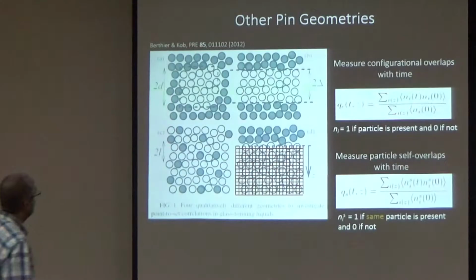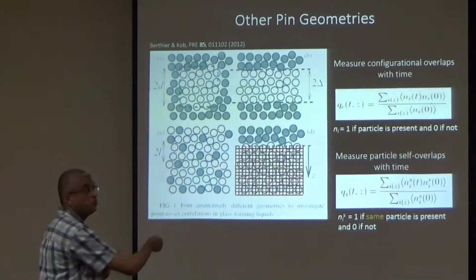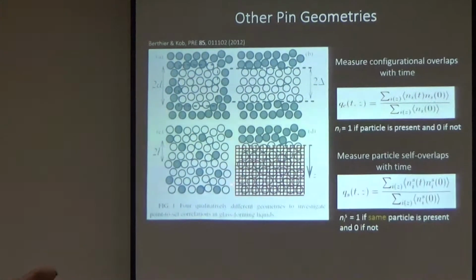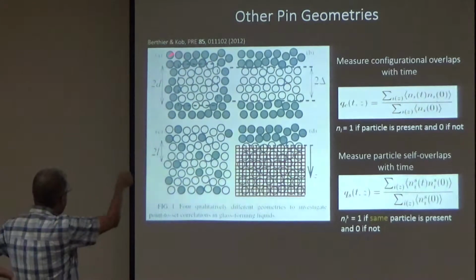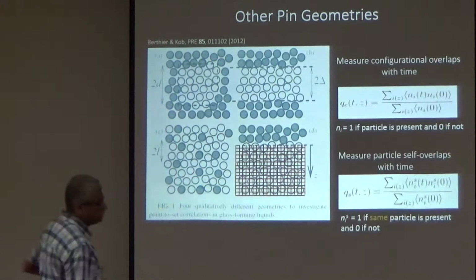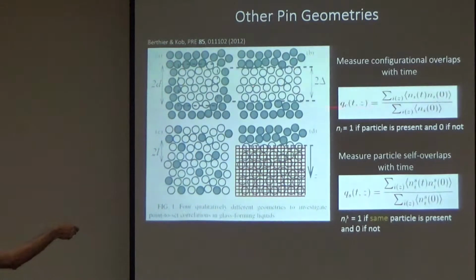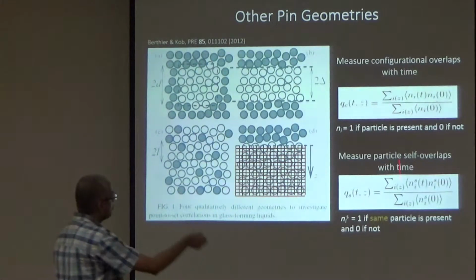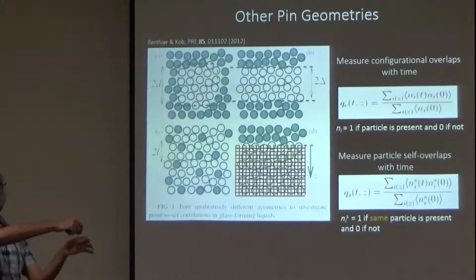Later on, the same idea has been taken forward to many different sorts of pin geometries. You can freeze particles at random, or inside a cavity, but in essentially all of these pin configurations, what you measure is the configurational overlap or the self overlap. The difference is, in one case you don't care if the same particle occupies the box.